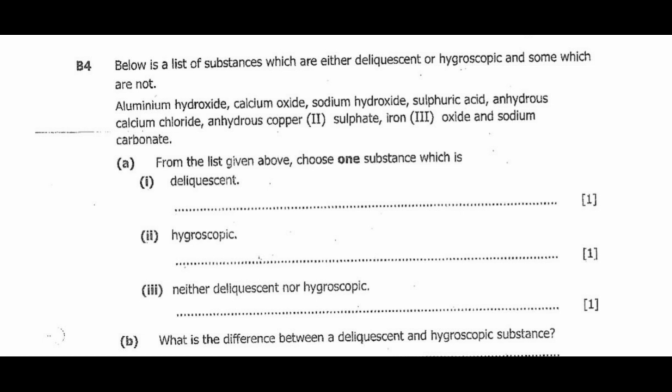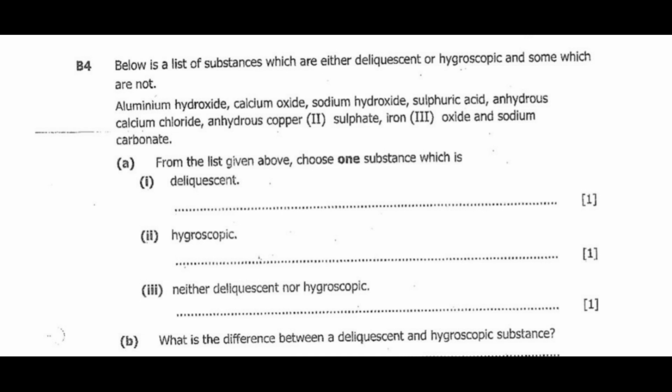From the list given above, choose one substance which is deliquescent. Now what is a deliquescent? A deliquescent is defined as a substance that absorbs so much moisture, so much water, from the atmosphere, and after absorbing that, the same substance dissolves in the absorbed water and forms a solution.